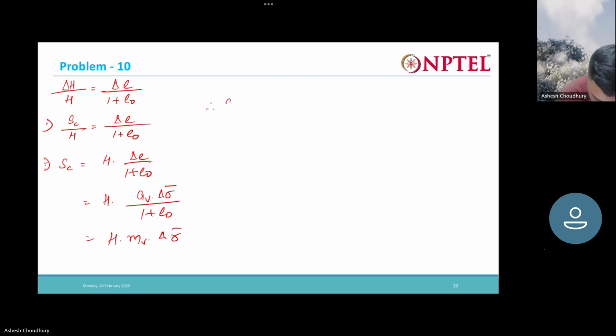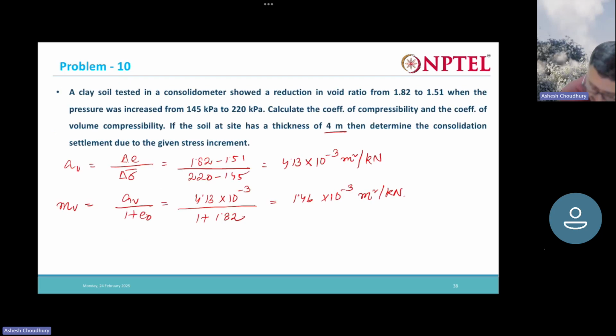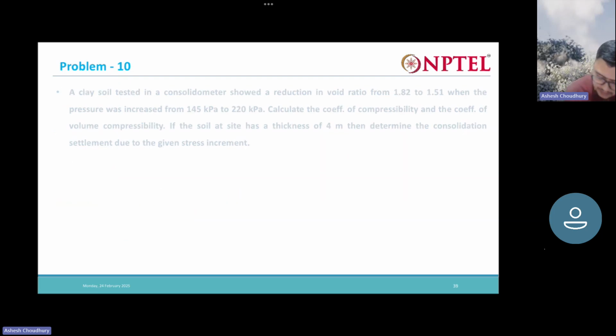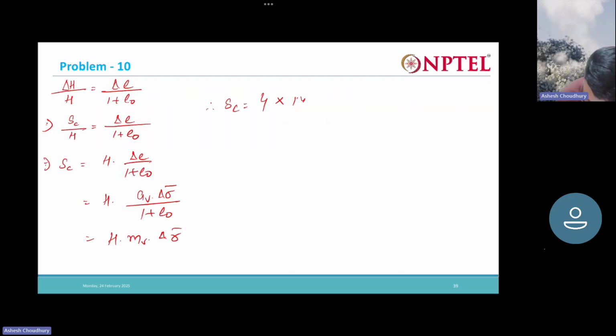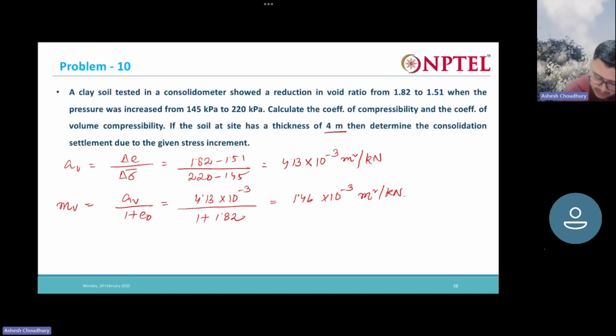Therefore, what is H? Given 4 meter thickness, right? So 4 meter times MV. MV, how much did you get? 1.46 into 10 to the power minus 3. What is my delta sigma? Delta sigma is 220 minus 145.